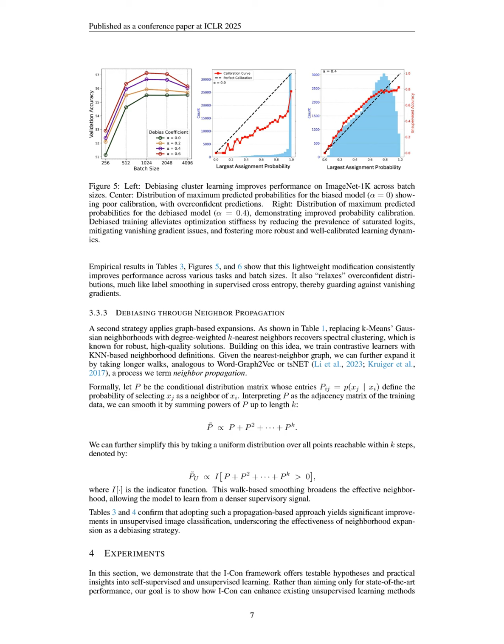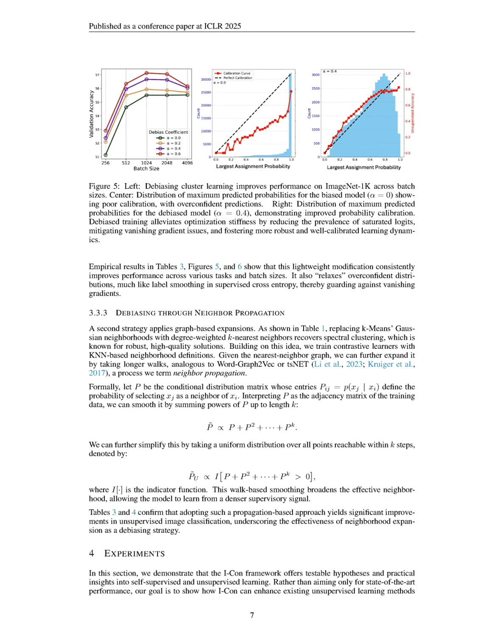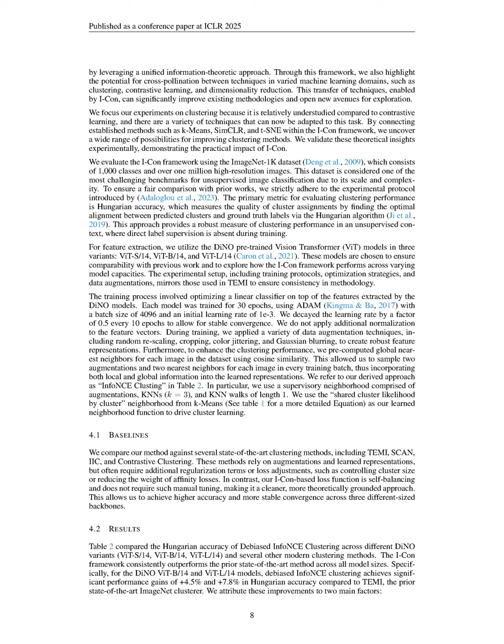ICON was compared against several state-of-the-art clustering methods, including TEMI, SCAN, IIC, and contrastive clustering, demonstrating significant performance gains of +4.5% and +7.8% in Hungarian accuracy for the ViT-B14 and ViT-L14 models, respectively. This validation underscored ICON's effectiveness in improving clustering performance without the need for additional regularization or hyperparameter tuning.